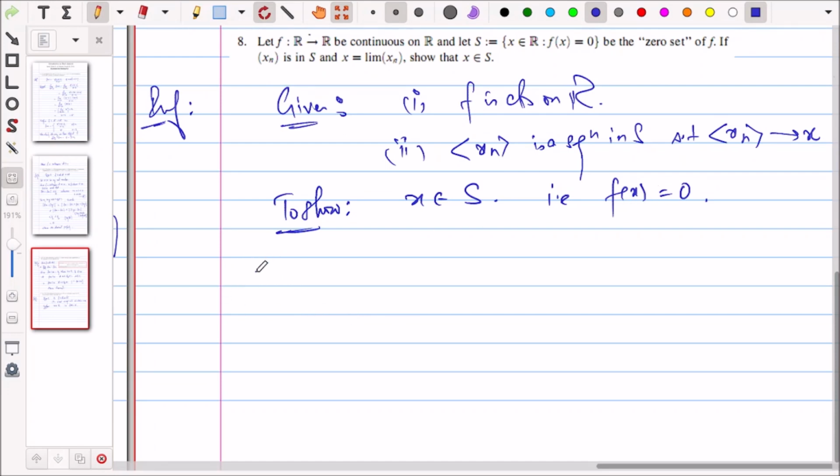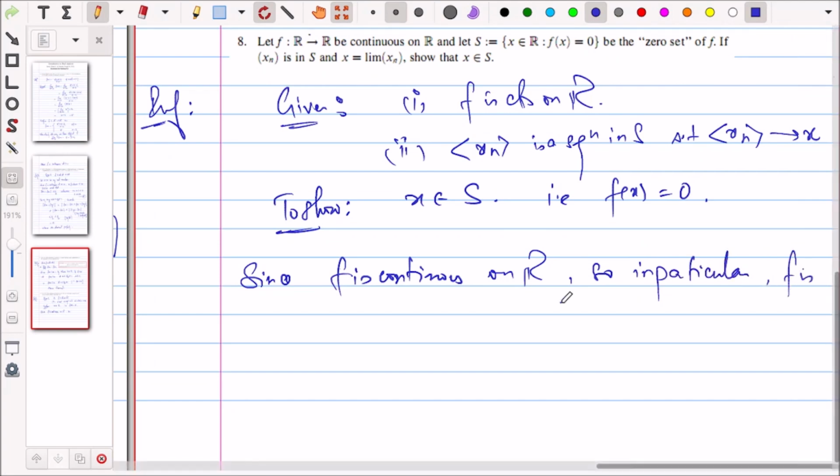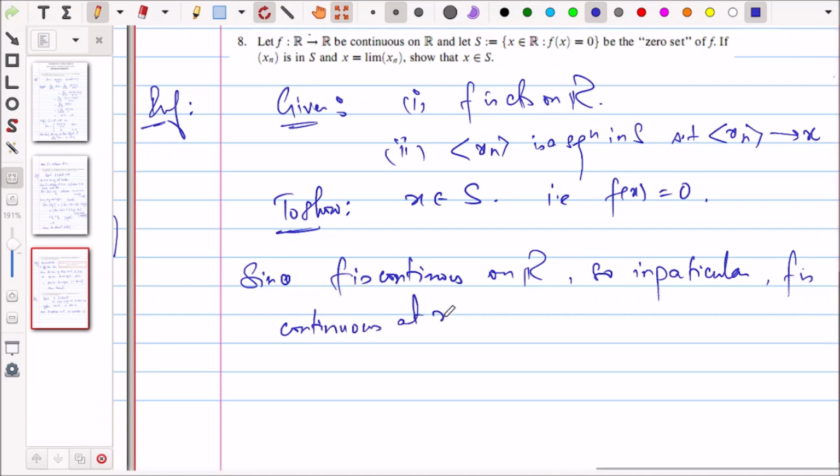So since f is continuous on R, in particular f is continuous at x.